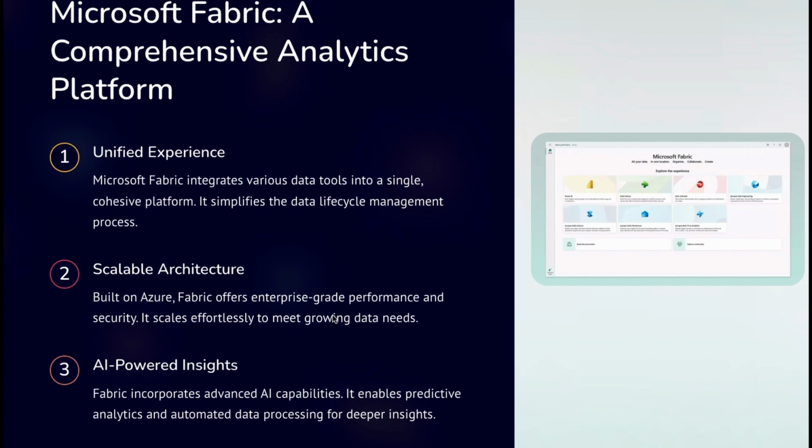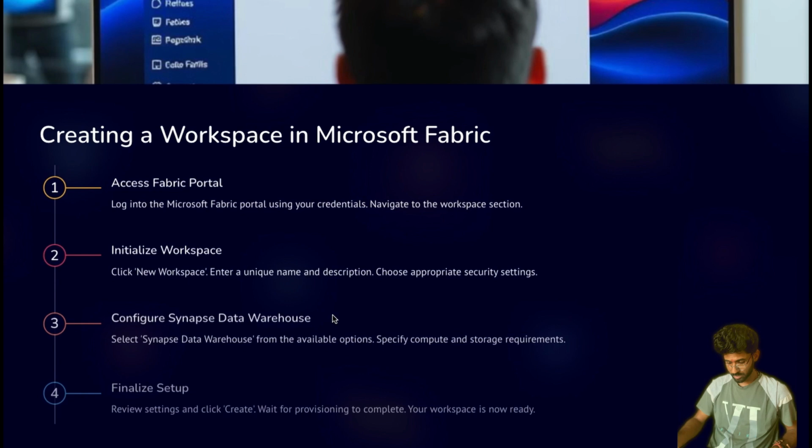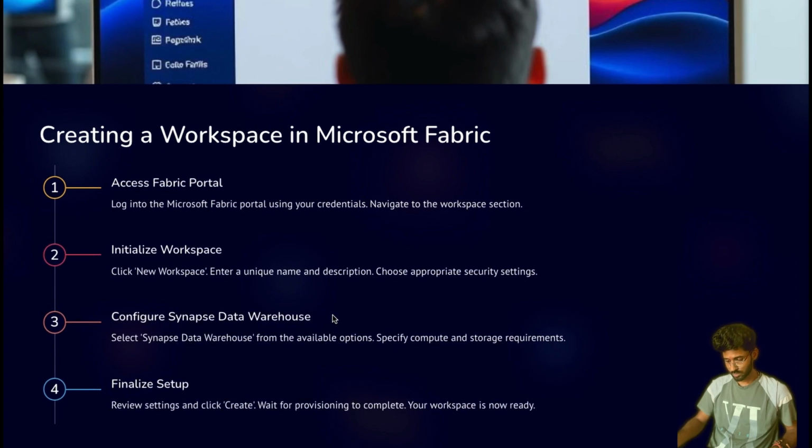So that's what it covers. I have covered this before too, like how you have to create a workspace. The workspace is the main thing in Microsoft Fabric, as I told you before. You need to create a workspace, and then on these workspaces you build almost everything, like a lakehouse or a warehouse, or all of these things.